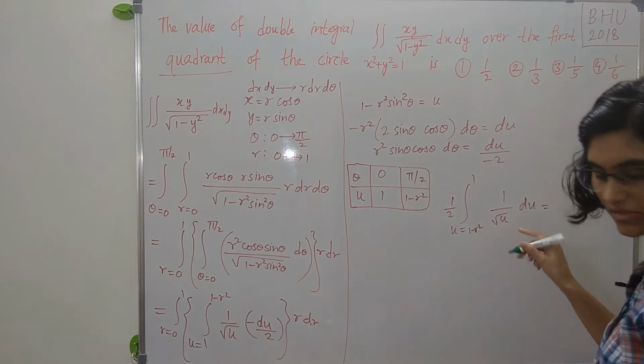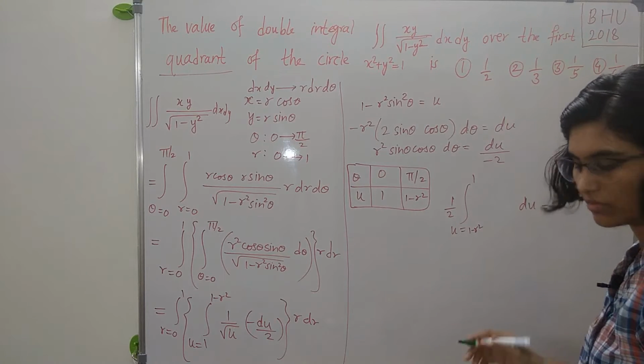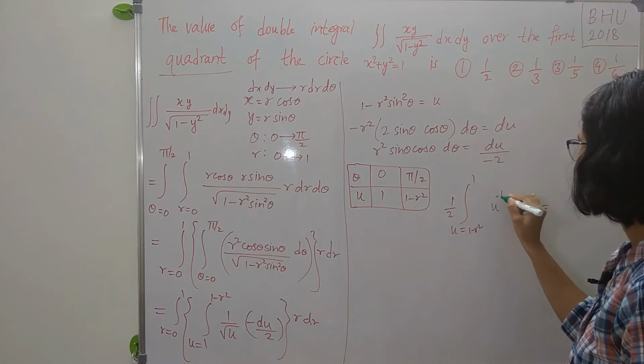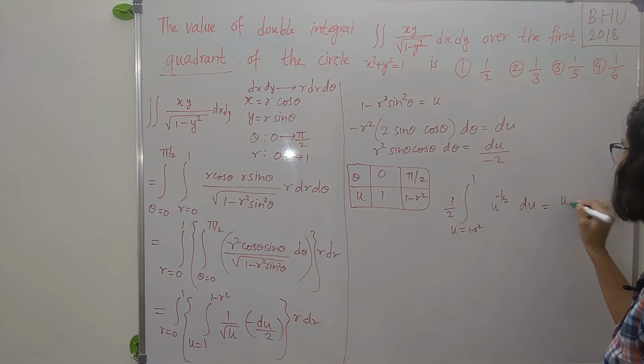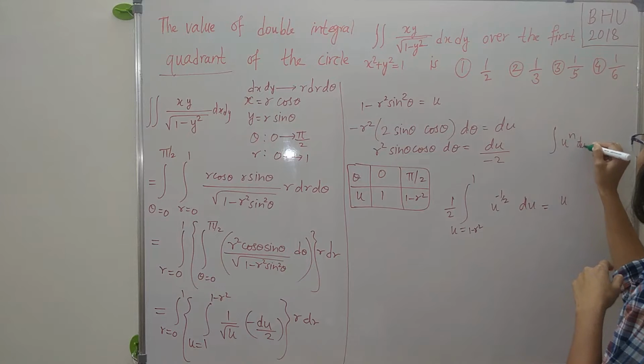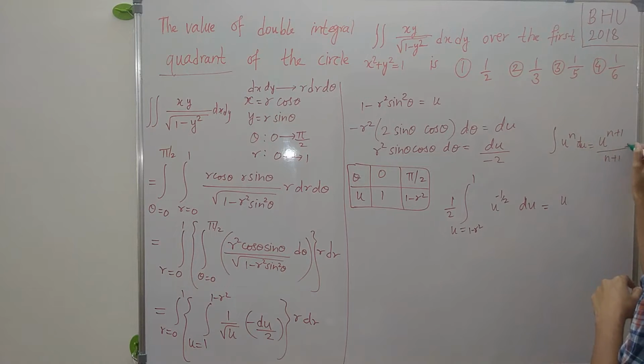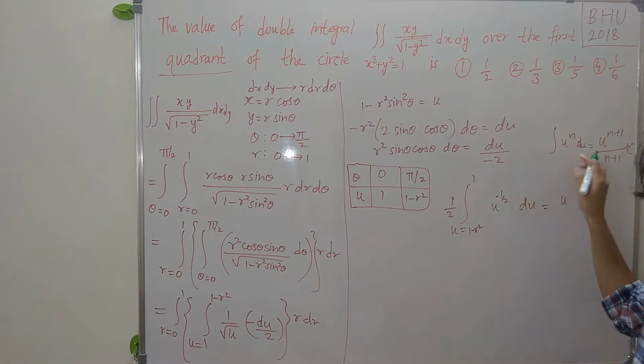So this is just 1 by root u, which is the same as u raised to minus half, right? Now the integral of u raised to n du is equal to u raised to n plus 1 by n plus 1 plus c. So use this formula.